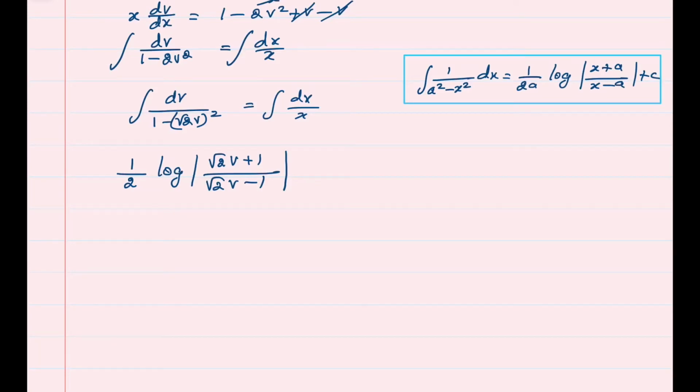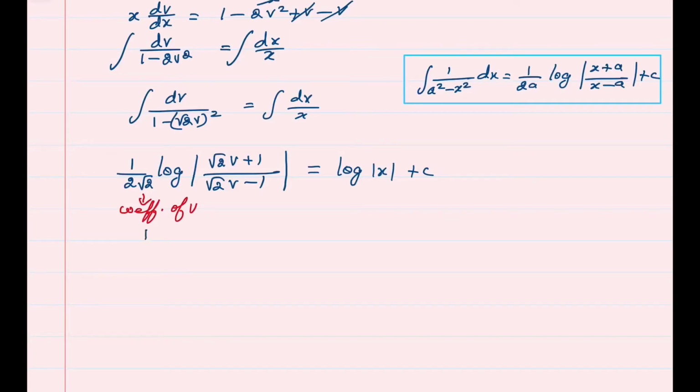And we have to divide by the coefficient of v. Do not forget this, equal to log of absolute value of x plus c. Here the coefficient is 1 by 2 root 2, that is why we are not writing log c there.